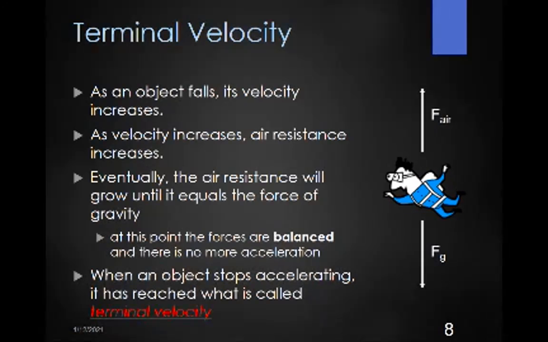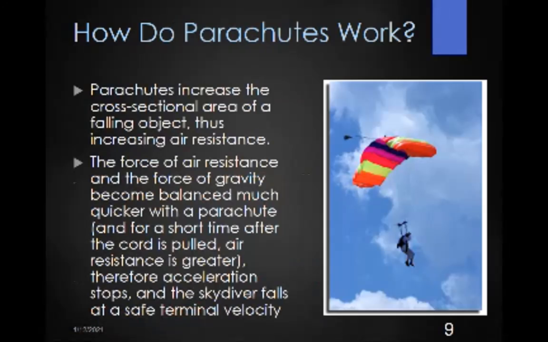Then think about what happens with a parachute. Parachutes increase the cross-sectional area, so more surface area, thus creating more air resistance, thus slowing your descent. The force of the air resistance and the force of gravity become balanced much sooner. You reach terminal velocity faster, and therefore you have a slower descent.